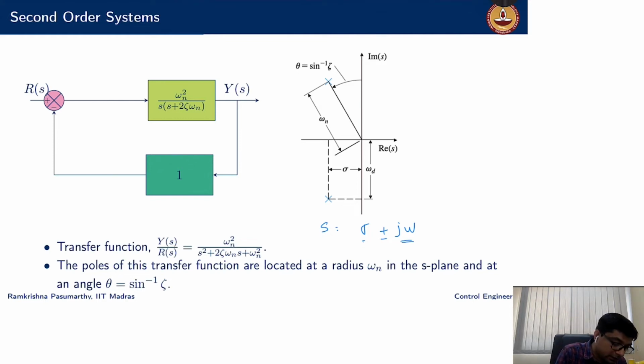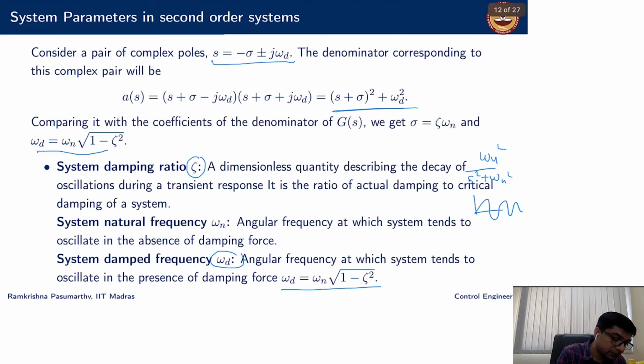So here, the value of sigma is zeta omega n. Again, this just comes naturally from solving these equations. Sigma is zeta omega n, and omega d is this quantity. Again, where does this come from? This just comes from solving s square plus 2 zeta omega n s plus omega n square.